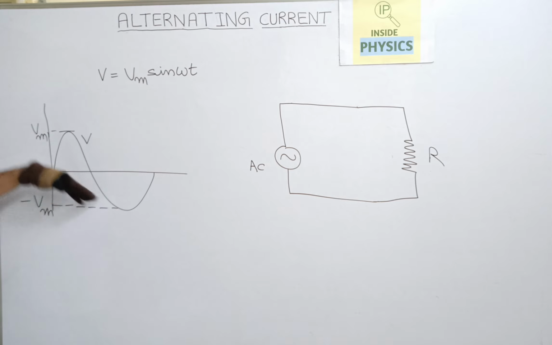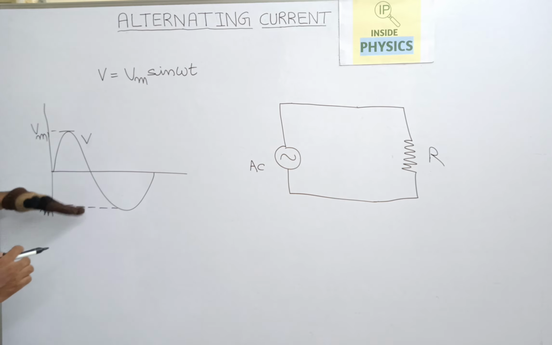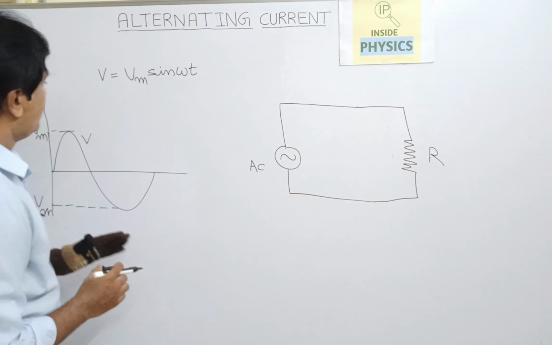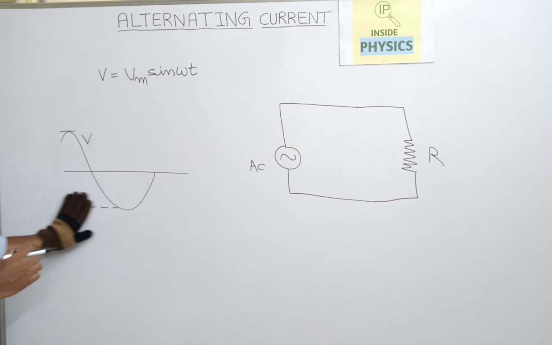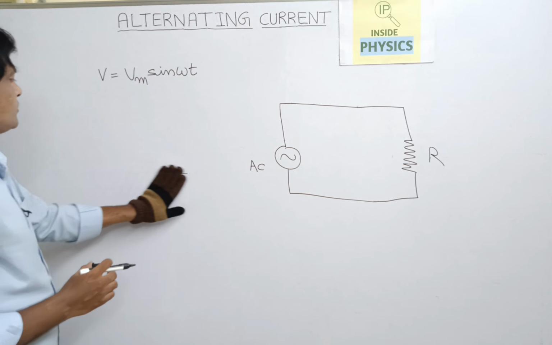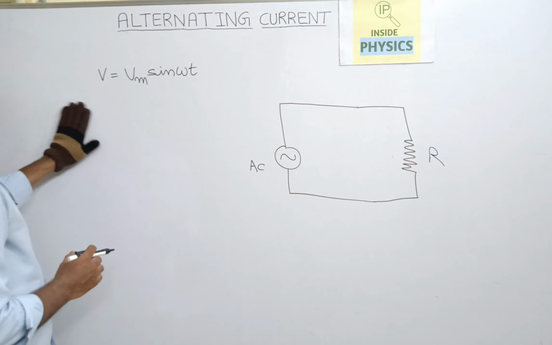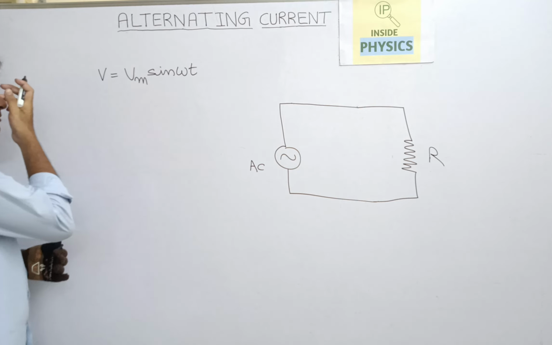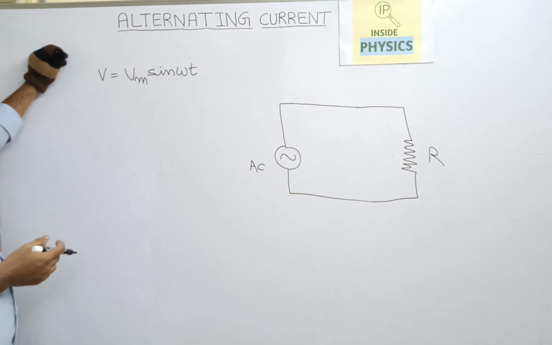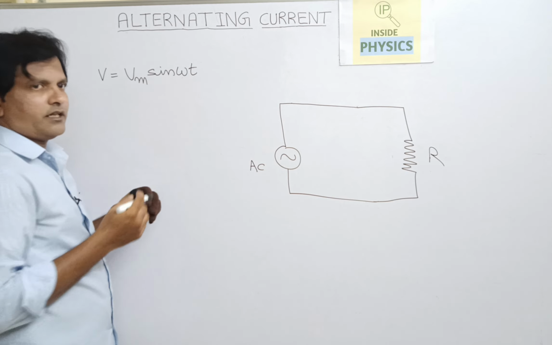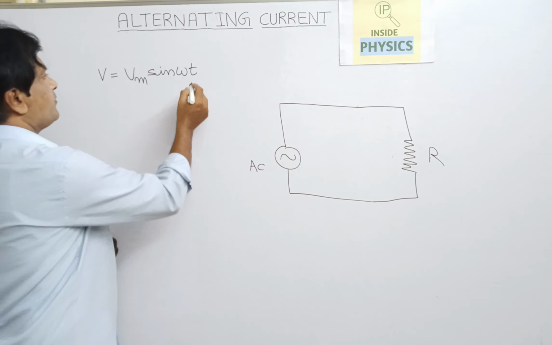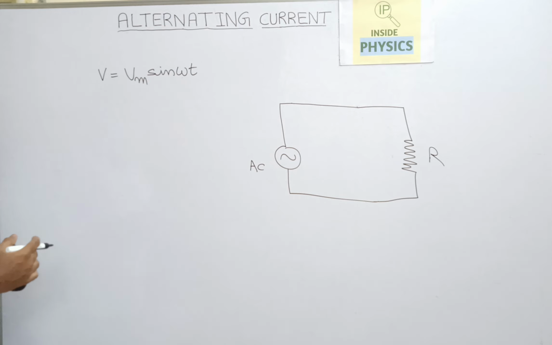We can show the curve like this, like a sine curve, and the oscillation of this voltage and thereby current in the circuit will vary like a sine curve, producing the same values on both sides. Here Vm is the maximum amplitude of the oscillating voltage, and omega is the angular frequency of the oscillation at a particular instant of time.